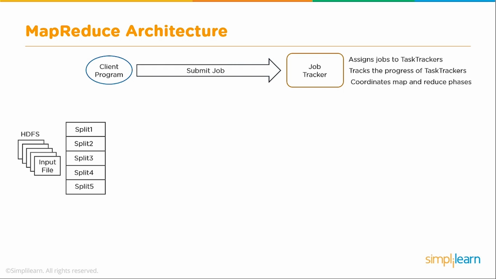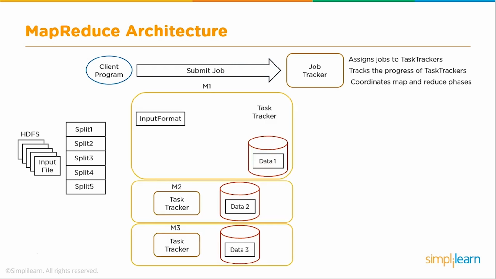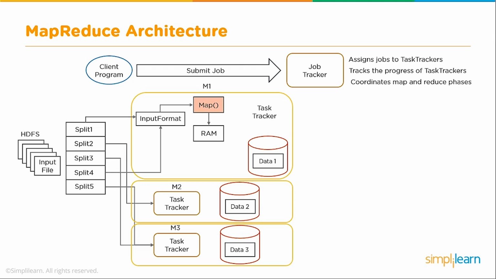You have your data stored in HDFS, broken down into one or multiple splits. Depending on the input format specified by the developer, your input splits are worked upon by one or multiple map tasks running within containers on the nodes. For each map task, some amount of RAM is utilized, and the same data which goes through the reduce phase, that is your reduce task, will also utilize some RAM and CPU cores.